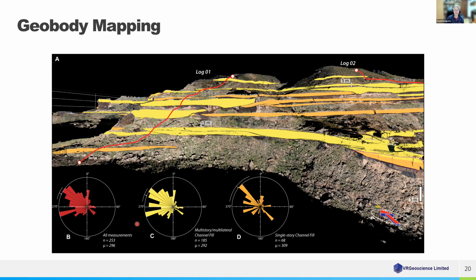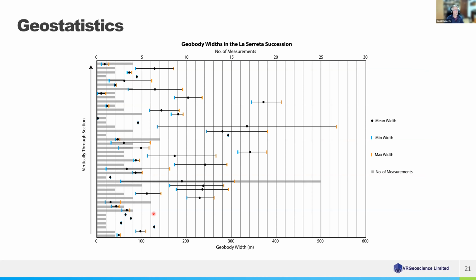So we would end up for every single geobody with a width that was based on the most likely outcome, but also a minimum and a maximum. Plotting all of that together, we were able to create a graph of how the geobody geometries change throughout the evolution of the system.